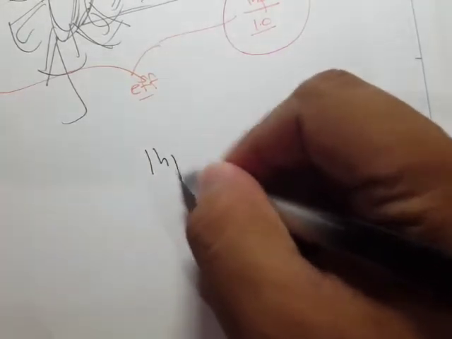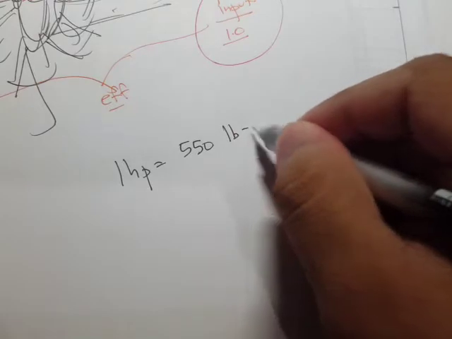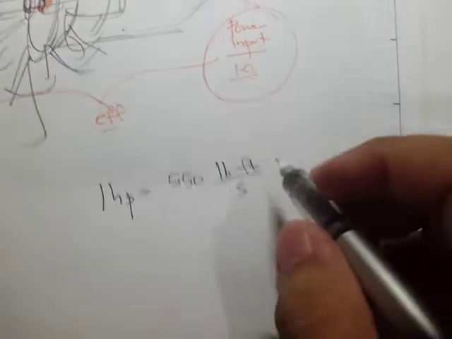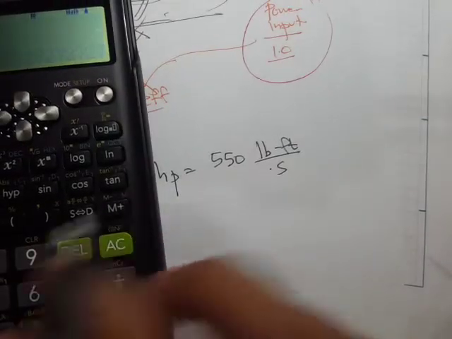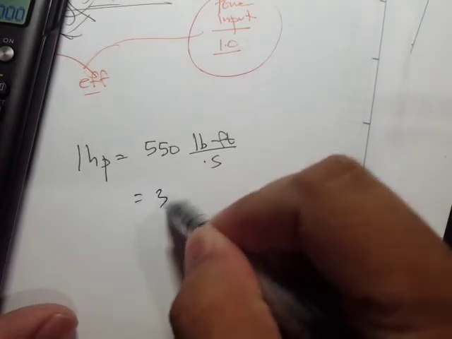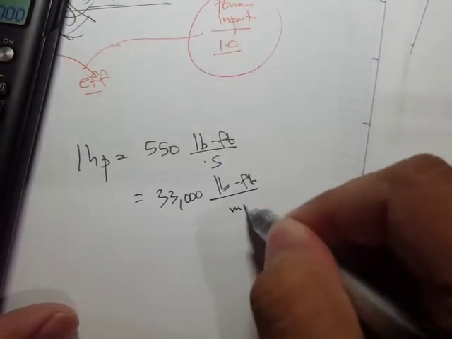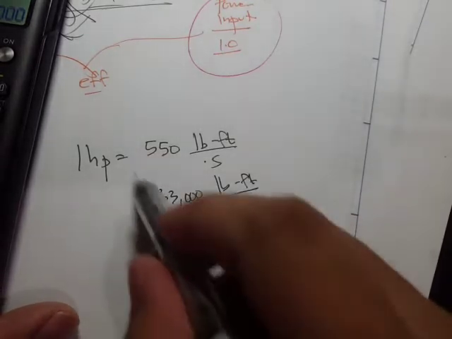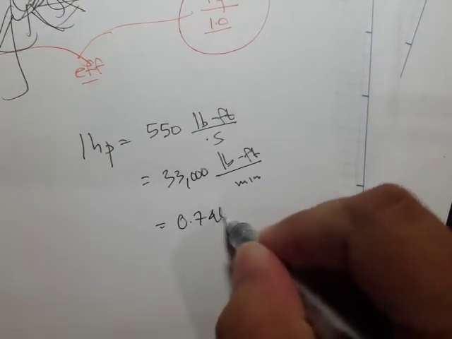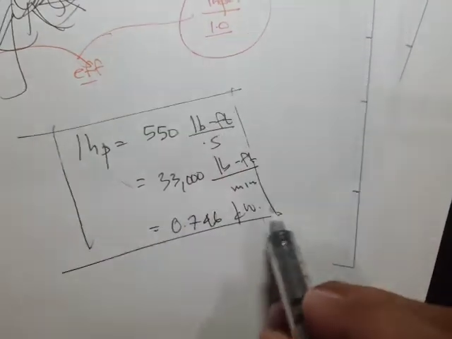So 1 HP is equal to 550 pound foot per second. And if we convert this, what we get is 550 times 60, that's 33,000 pound foot per minute. And another one, in terms of kilowatts, this is 0.746 kilowatts. Right, so that's our conversion.